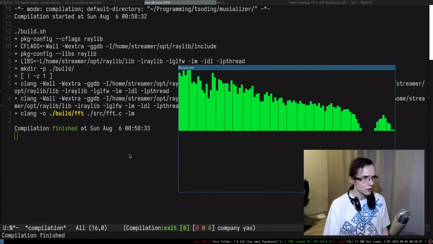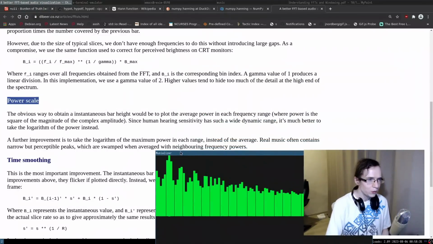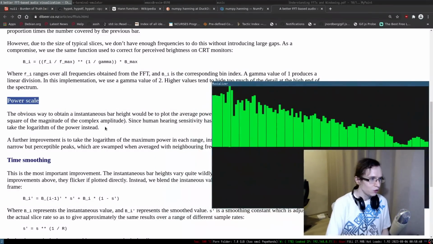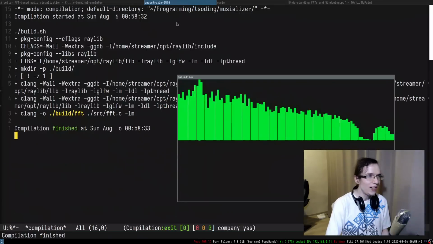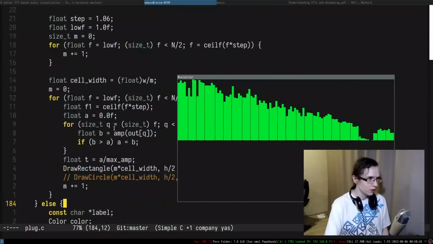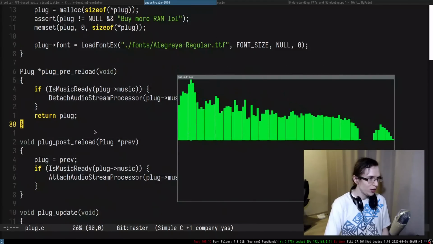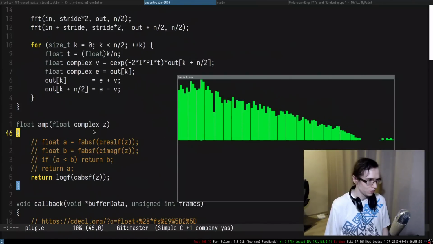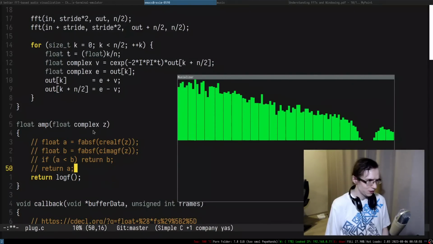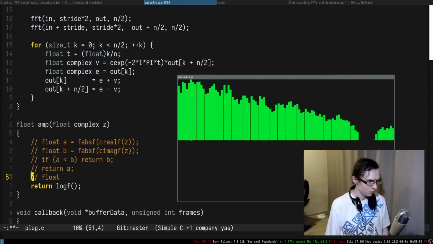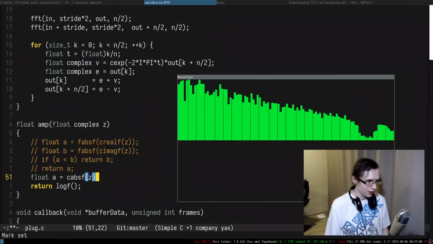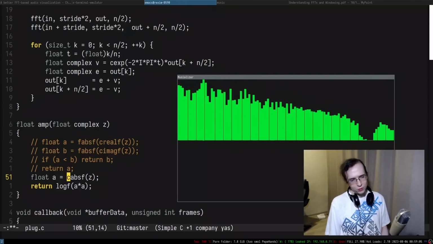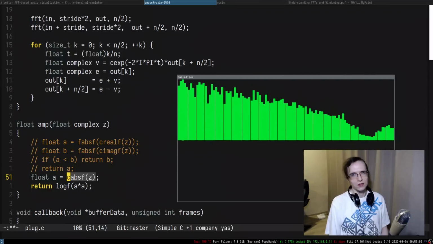But if I remember correctly, they were suggesting not only taking a logarithm, they suggested to take a logarithm of the square of the amplitude, right? So let me see if squaring that thing is going to help. Let me see. We can basically take A, please uncomment that. We take A and take a square, which effectively means we can get rid of the square root in here.